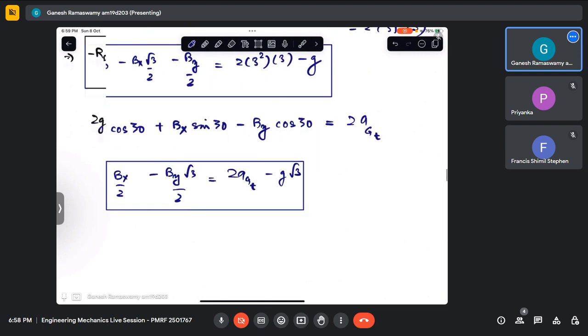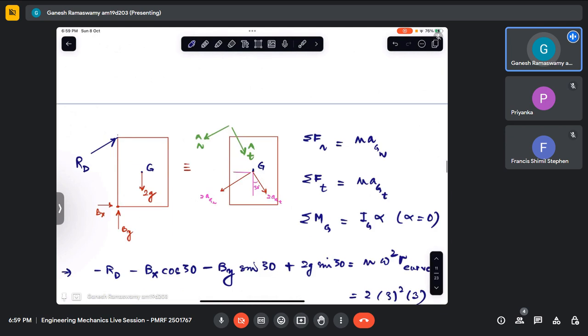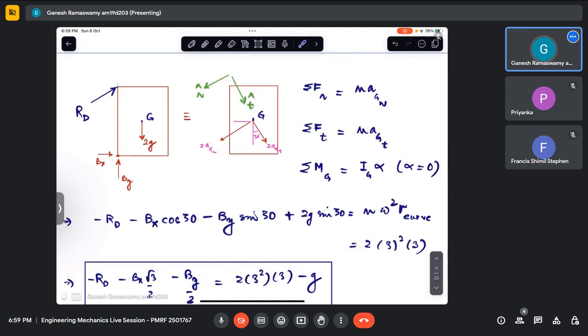Now first let us see how many unknowns there actually are. What are all the unknowns here? We don't know what a_g_t is yet. By virtue of omega, we know what a_g_n is. It is omega squared r, so that is known. So there is one unknown here.